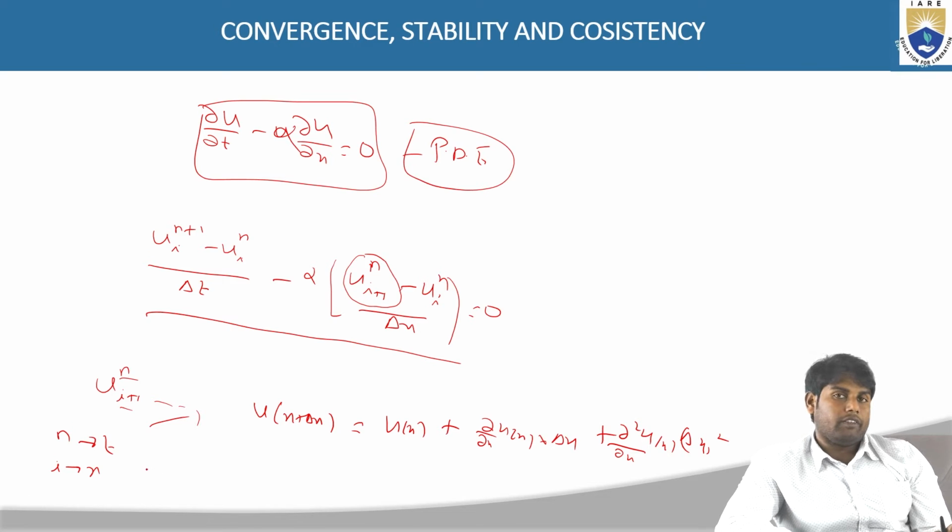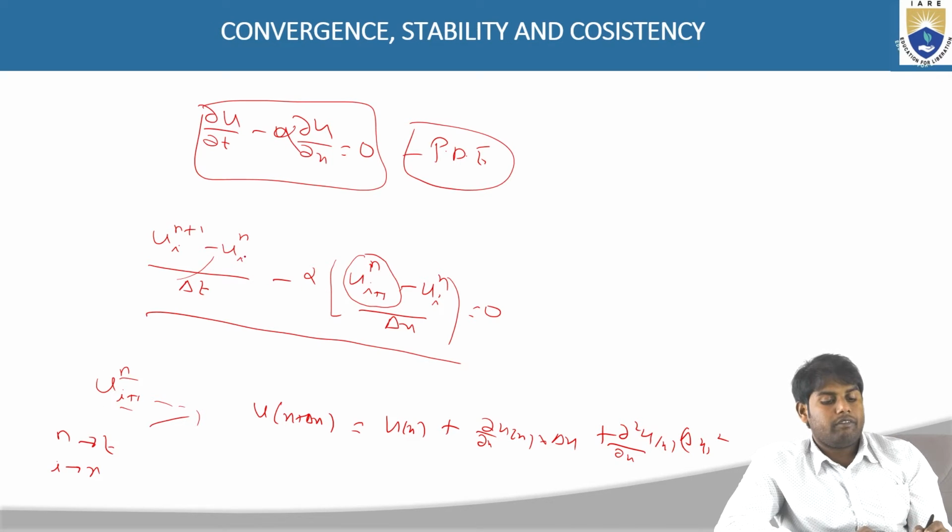So this is what we have. Similarly, we are doing reverse engineering: we will expand each and every term. We will write this one as u of x, and this one you will expand with respect to time.